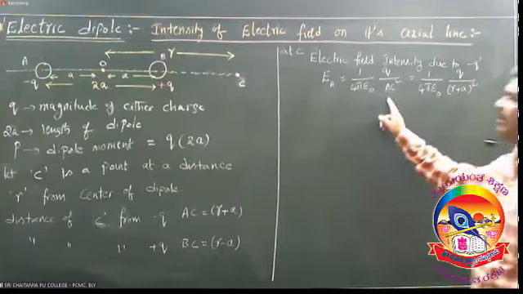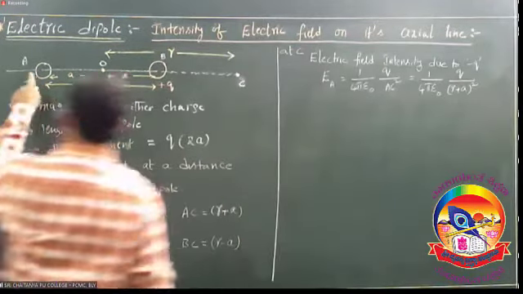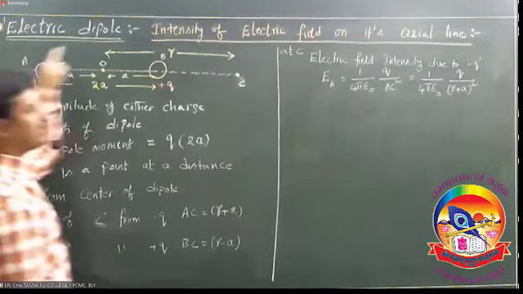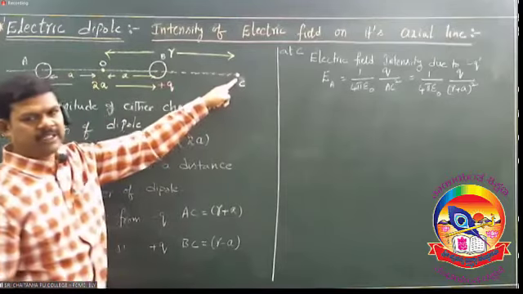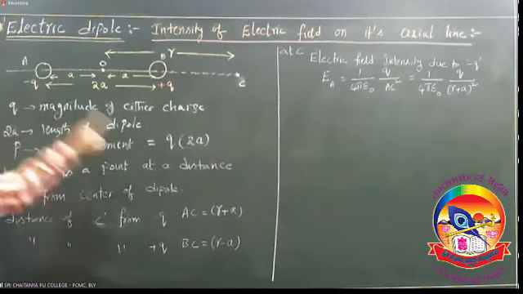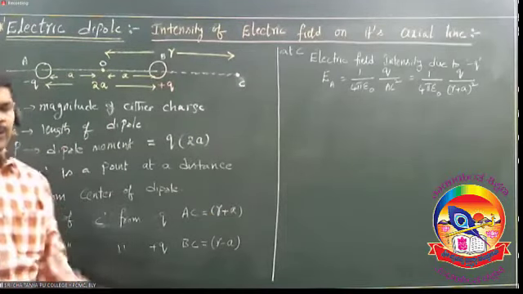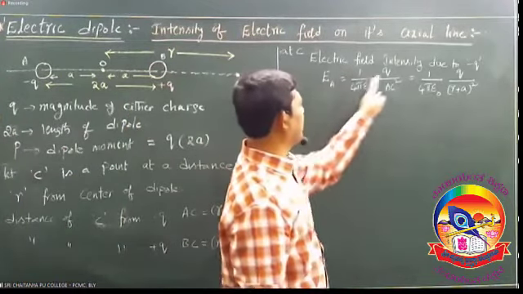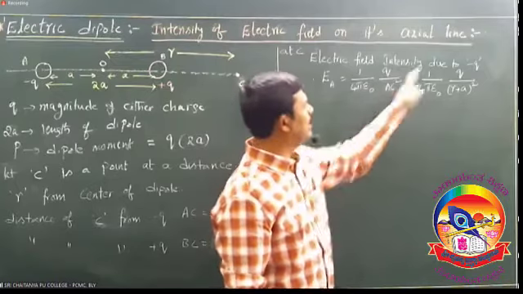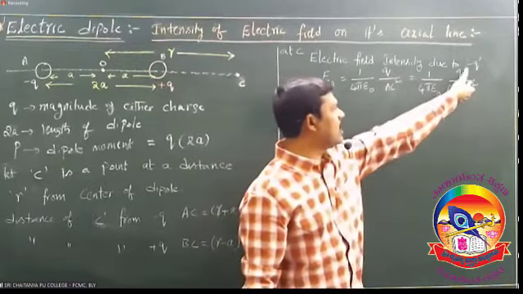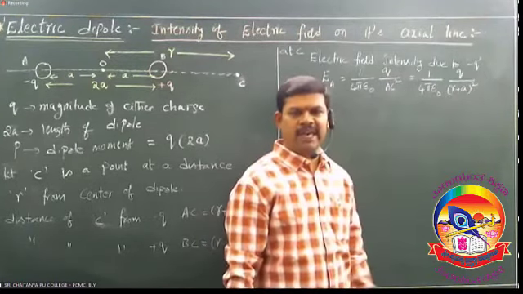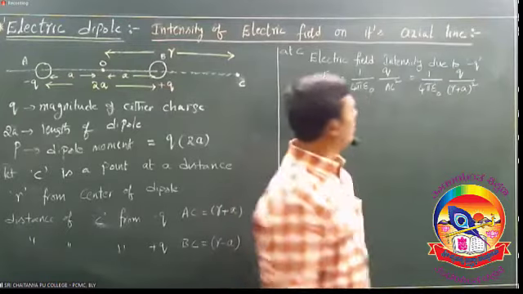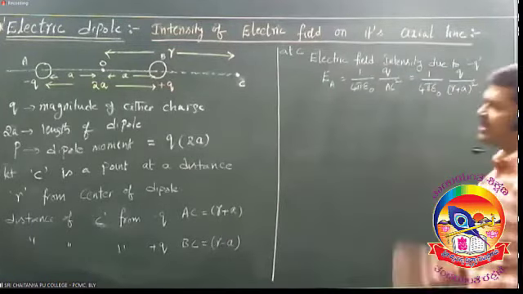Is this clear? Due to this minus Q charge, this charge is at a distance R plus A. We know the formula for intensity due to a charge: 1 by 4 pi epsilon naught Q by distance square. So 1 by 4 pi epsilon naught Q by R plus A whole square. Clear? What is its direction? See the direction.